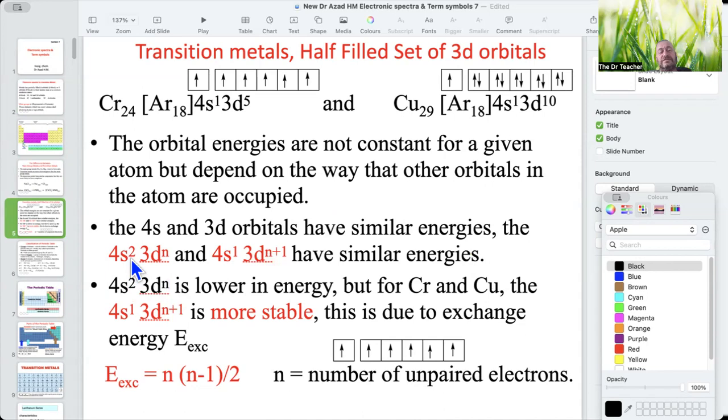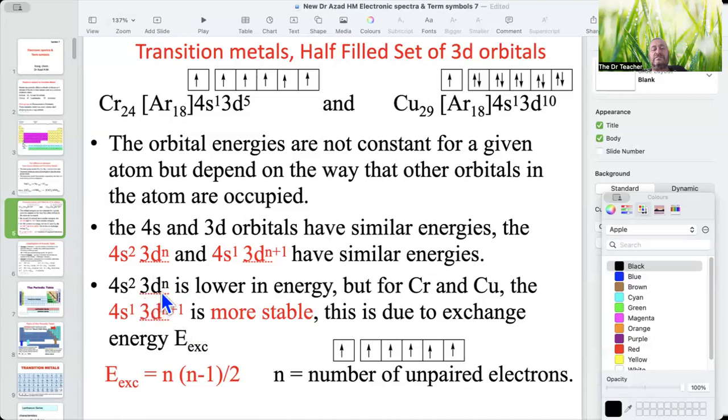You transfer one electron from the s to the d orbitals, and the s is reduced by 1 while the d is increased by 1. They can transfer electrons between them easily just for stabilization.